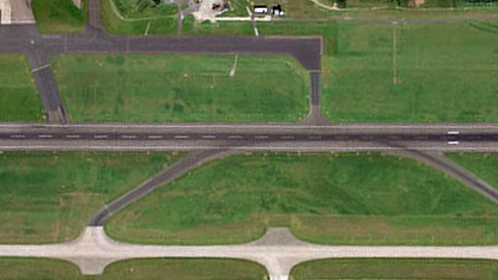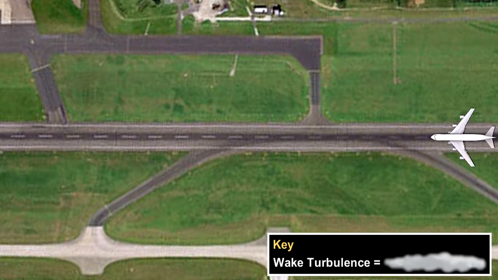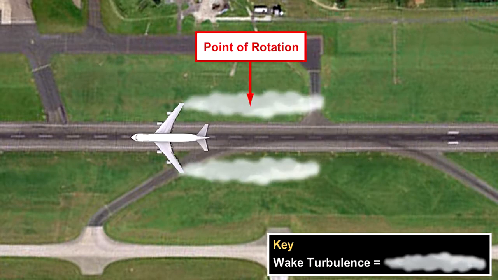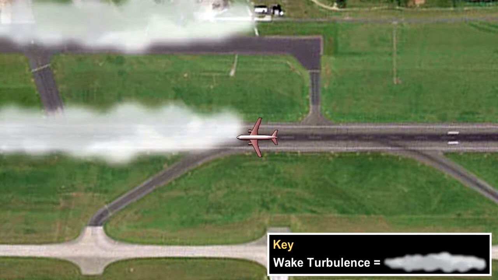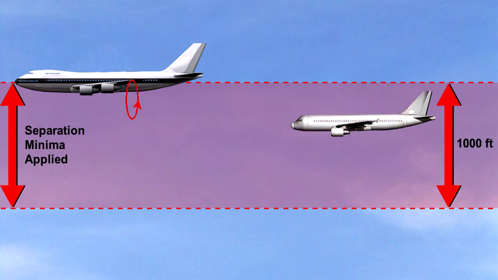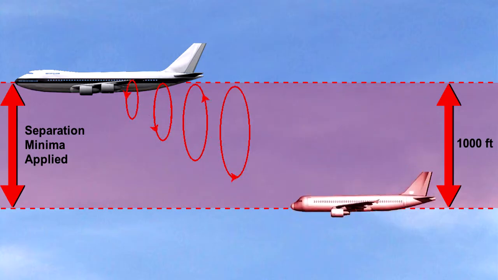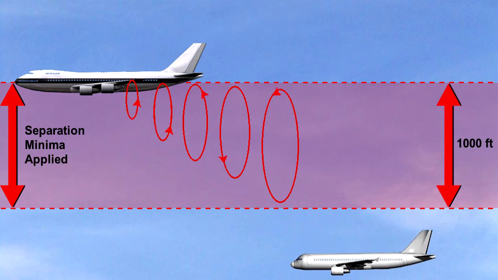Separation minima is applied to aircraft under the following circumstances. When 2 aircraft are using the same runway, either for takeoff or landing, whenever a following aircraft is at the same height as, or less than, 1,000 feet below the leading aircraft.